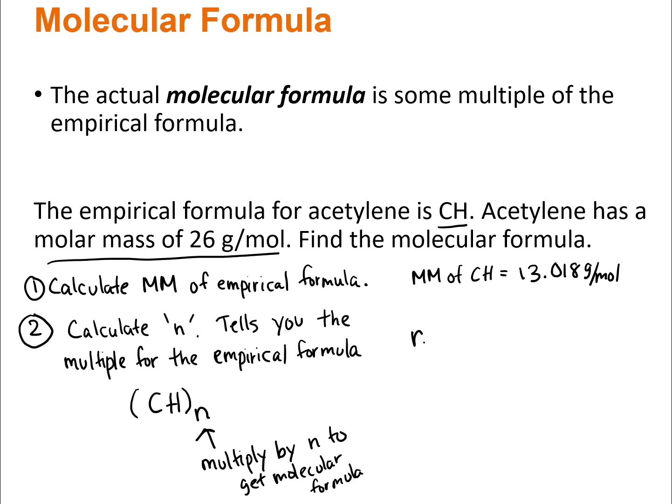Now, how do you calculate N? You take the molar mass of the molecular formula and you divide it by the molar mass of the empirical formula.